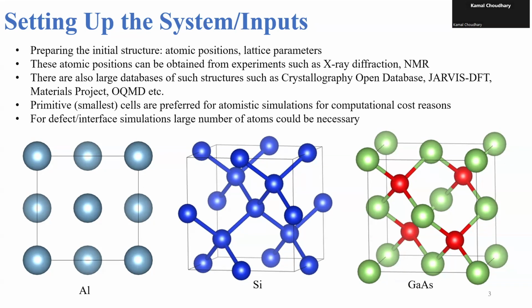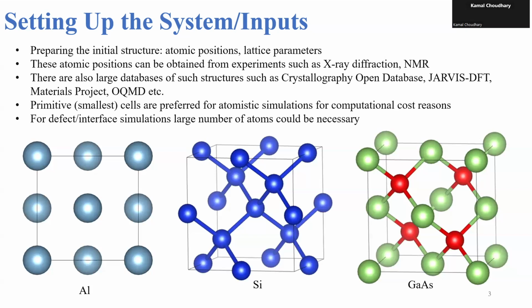So where do you get this information? You can get the atomic positions and lattice parameter information from experiments such as X-ray diffraction, nuclear magnetic resonance measurements, or we can also get it from openly available databases such as Crystallography Open Database, JARVIS-DFT, Materials Project, OQMD, and so on.